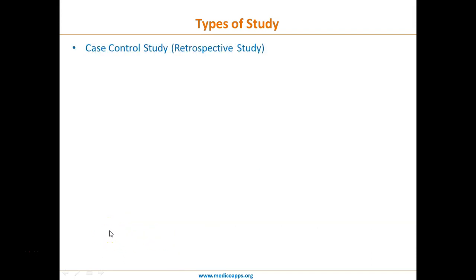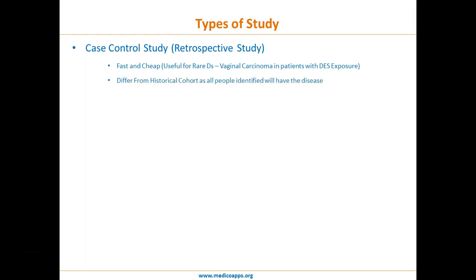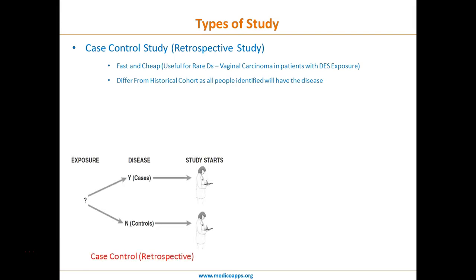The next kind is case control or retrospective study. In this, as compared to the cohort study, it is fast and cheap and also useful for rare diseases. Now, in this, the study starts currently, and then the researcher goes back and tries to find out a fact related to the exposure and the disease.